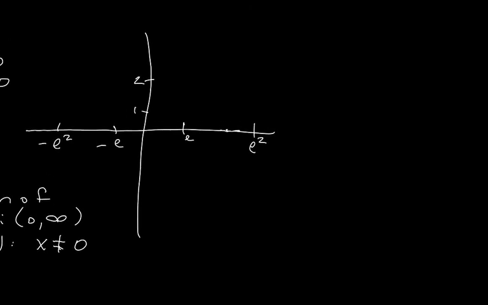Now, since the absolute value of a positive number is still positive, so the absolute value of 2 is 2, absolute value of 10 is 10, etc., then what we're going to see is that the graph is going to look, whoops, this is bad. Let me erase all this here.